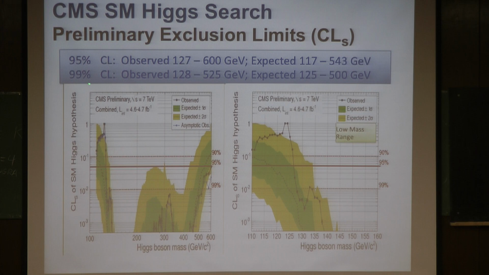And at 99% confidence level, not much changes except on the high mass region. On the low mass region, the observed is 128, when the expected was 125, and the upper one is 525 with 500. So here again is the 100 to 600, and here blowing it up from 110 to 160, 90, 95, and 99%.